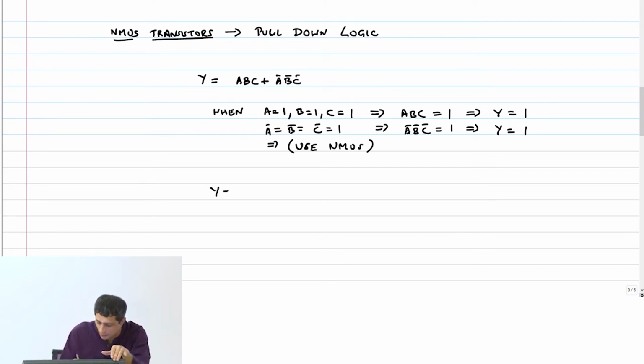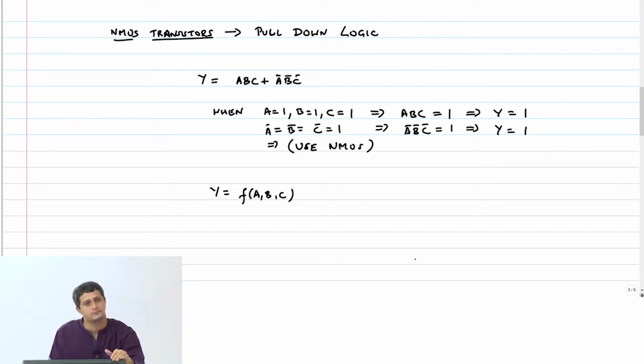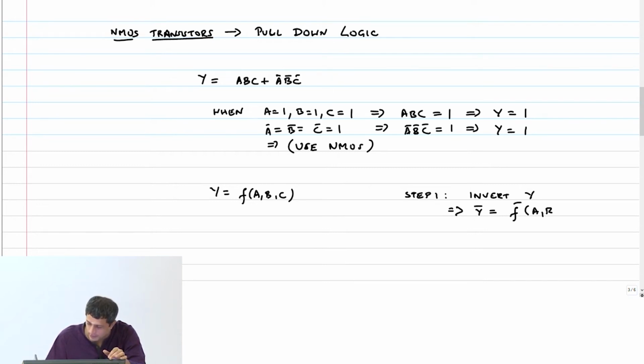So let us say I want to implement f of A, B, C. The first step is to invert Y. You write Y bar equals F bar of A, B, C. And go ahead and implement this F bar logic in the NMOS gates first.